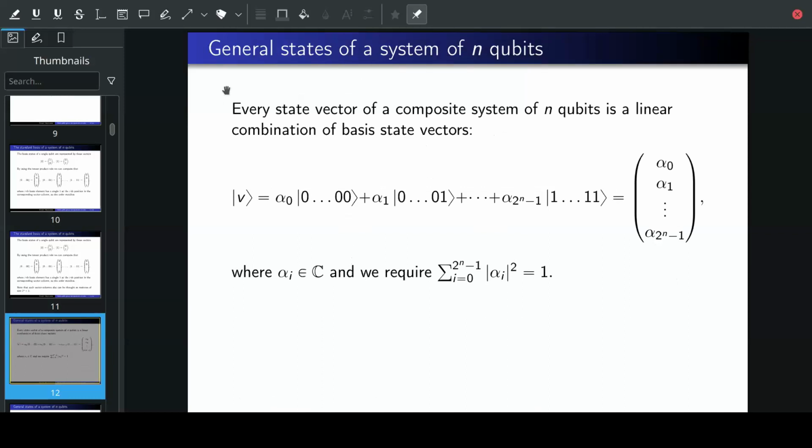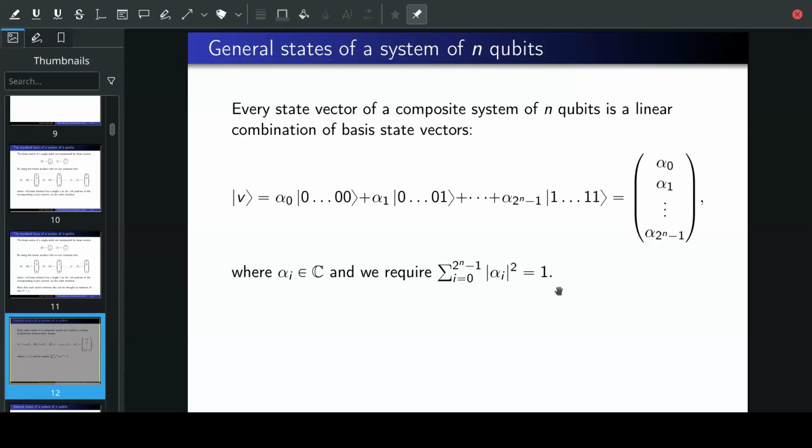Now, every state vector of a composite system of n qubits is actually a linear combination of basis state vectors. So every state is this linear combination, which can also be written as a column vector. And we have here 2 power n complex coefficients. And we also require that the sum of the squared modulus of those coefficients equals 1.